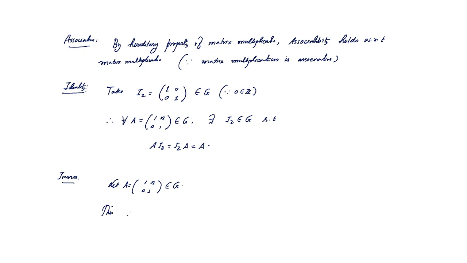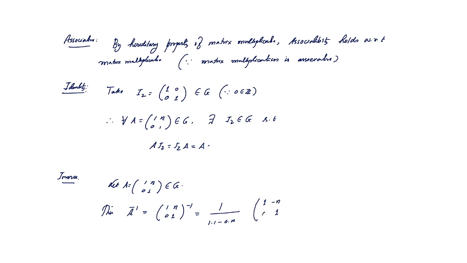So what will be A inverse? A inverse will be 1 by (AD minus BC) times the matrix where the principal diagonal is interchanged and the off-diagonal entries are multiplied by a minus sign.